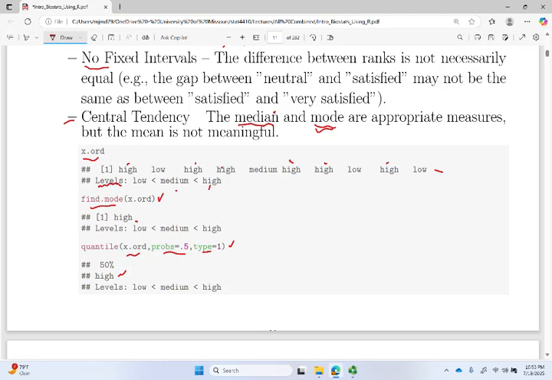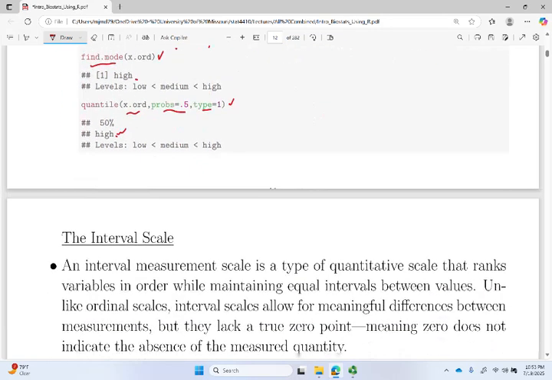And type 1 tells us the type of median that we're calculating. And this is it. So there's 1, 2, 3, 4, 5, 6. So there's at least 50% below it, and there is at least 50% less than or equal to it. And so it is the median.